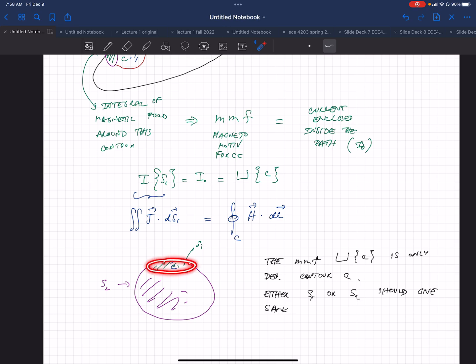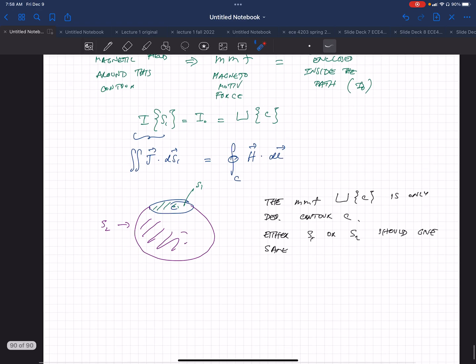Whether the surface we pick for that line is this inside surface or this outside surface, either one should give you the same result. So in this case, MMF is equal to I0.